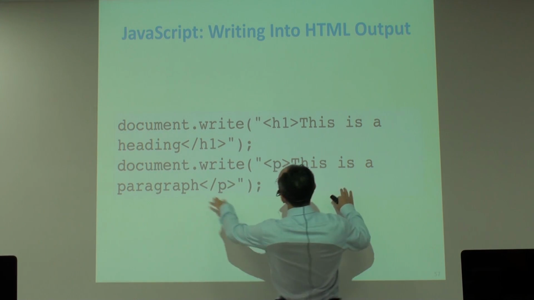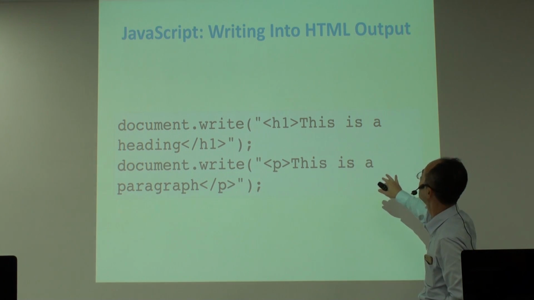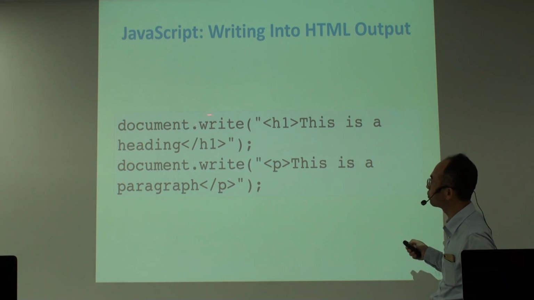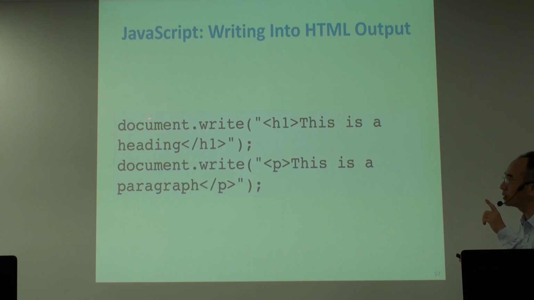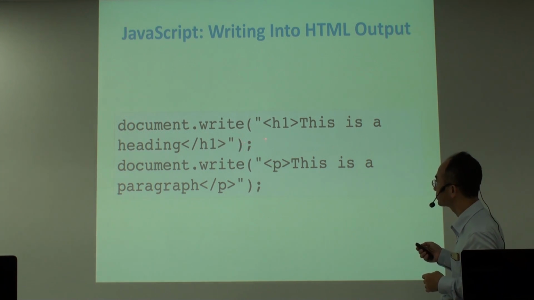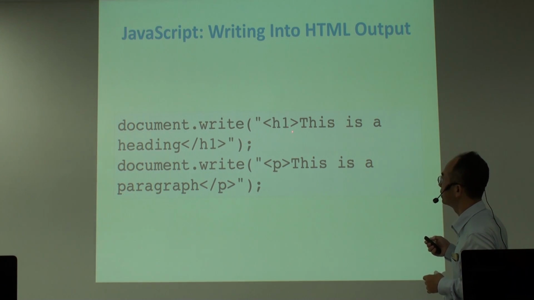For example, this is writing into an output. Here is a document.write. It's JavaScript. Document means the HTML document, and there is a function called write. Here is writing a header H1.